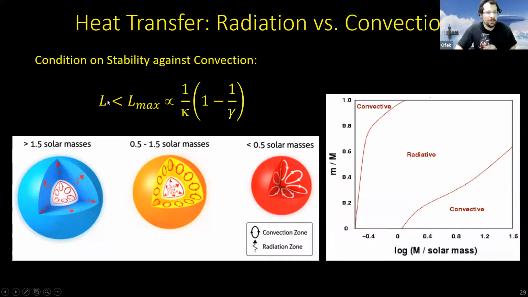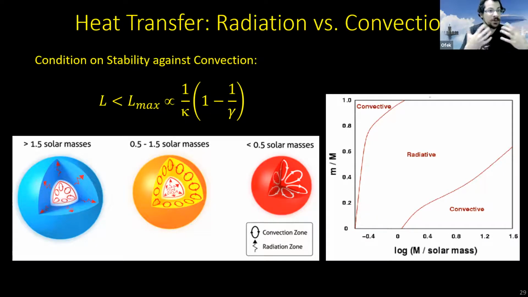So what we have to do is compare the luminosity of the star to the maximal possible luminosity one can maintain at the given opacity and adiabatic index. If the luminosity is greater than this number, then you'll have convection, because you're trying to get the temperature gradient.